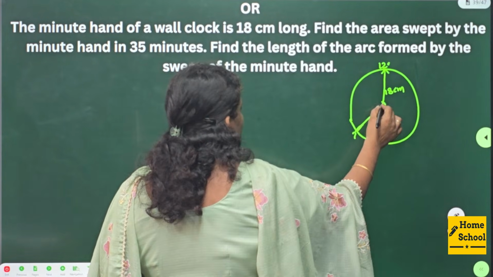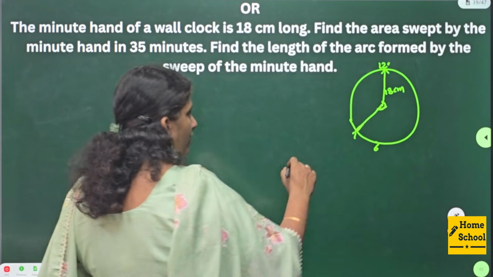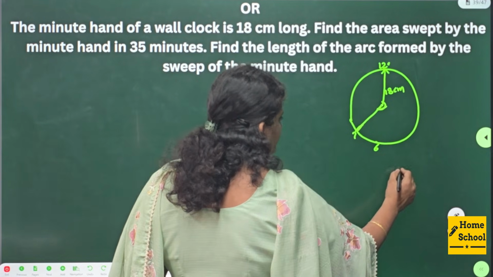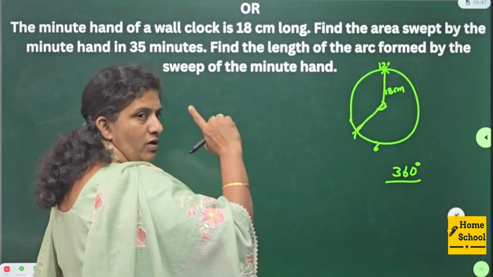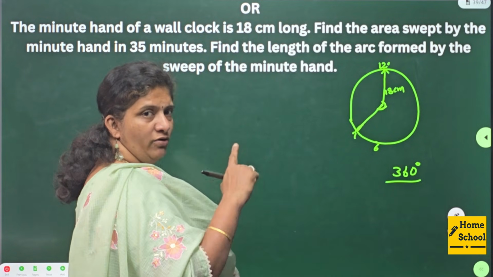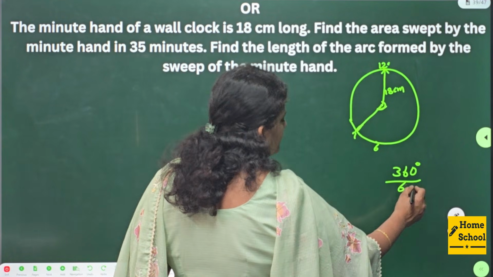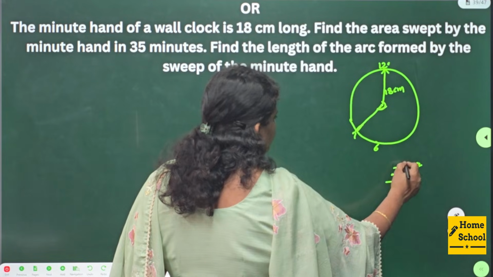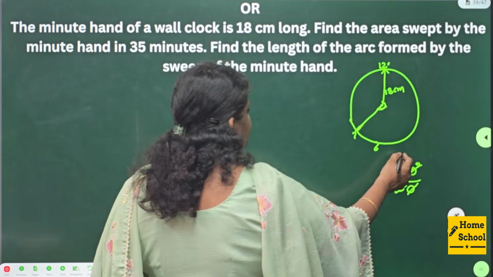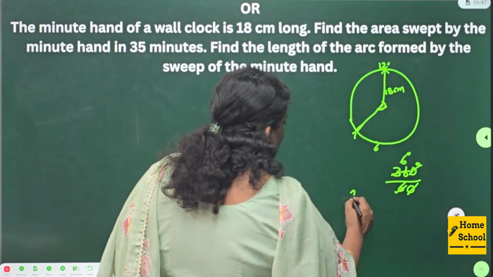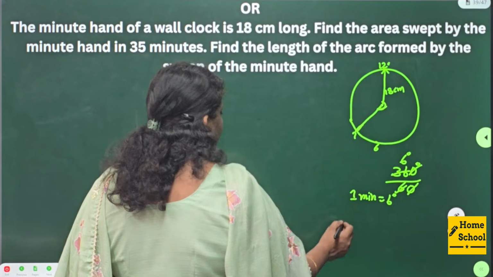Okay. So what is this angle? We know complete circle angle is 360 degree. If a wall clock rotates one round minute hand means 60 minutes. So that means 360 by 60 that is 6. Therefore 1 minute is equal to 6 degree. 1 minute is equal to 6 degree. How many minutes we need to find area?